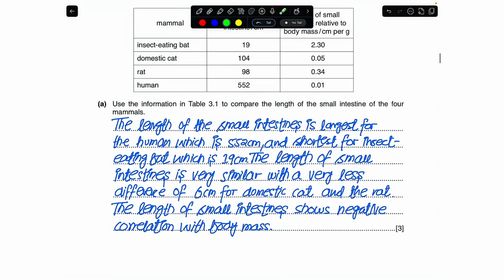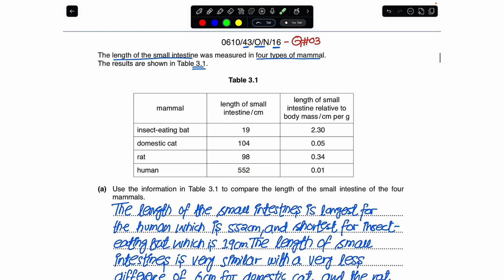For the first A point, for a total of three marks, you are required to use the information in figure 3.1 to compare the length of the small intestines of the four. And this is something very simple. We simply need to make the comparison of the lengths. So what I see is that the smallest length of the small intestine is for the insect-eating bat, that is 19 centimeters.